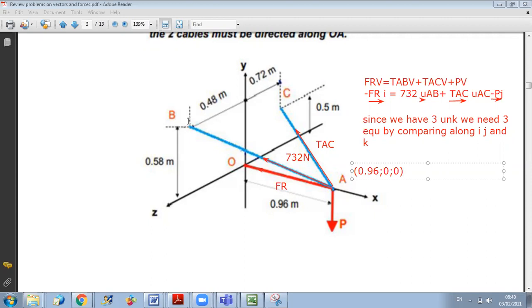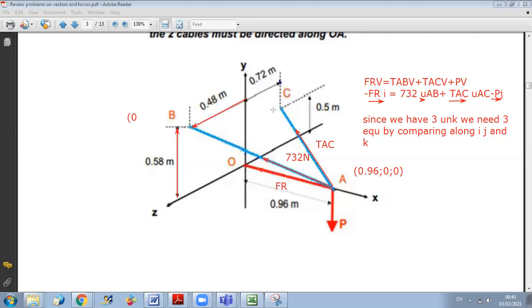For point B, as you can see here, if you follow the dashed lines, B is in plane YZ. So I can say that the coordinates of B are 0 along X. Along Y it's a positive component, and also along Z it's positive. As you can see from the figure, the component along Y is plus 0.58, while the component along Z is plus 0.48.